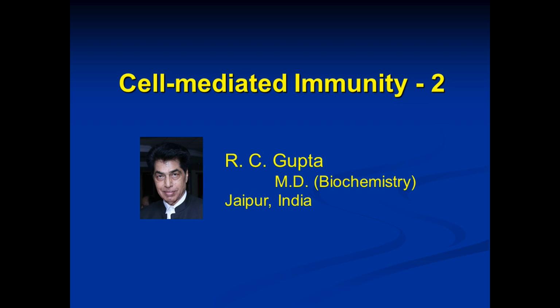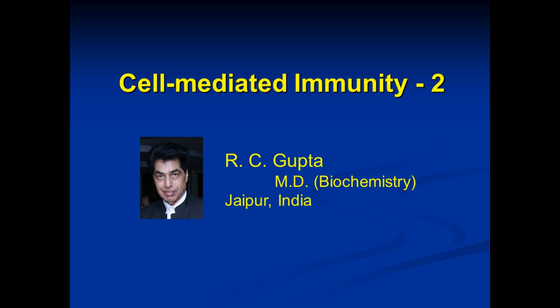In part 1, we had seen that adaptive immunity is made up of humoral immunity and cell-mediated immunity. Humoral immunity acts against extracellular antigens or pathogens. Cell-mediated immunity acts against intracellular pathogens or antigens.